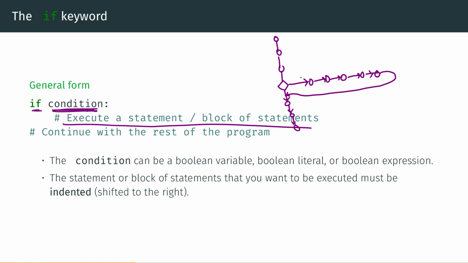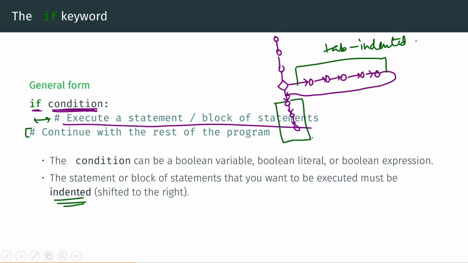So whatever you want in this path right here must be indented, which is to say must be tab indented. For every statement in this path, you must follow them with a tab. And once you get rid of that tab, every statement from then on would no longer be part of this path.